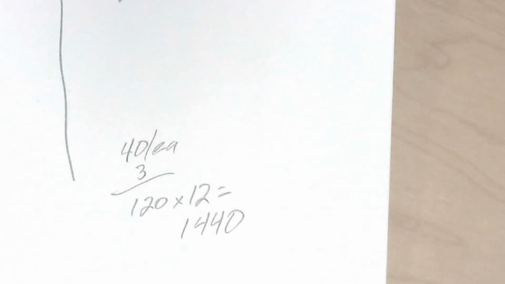Go back, put that in our answers. That's one of our choices. Now, if the answer you came up with isn't one of your choices, then you've calculated something a little wrong. So this one's 1,440.